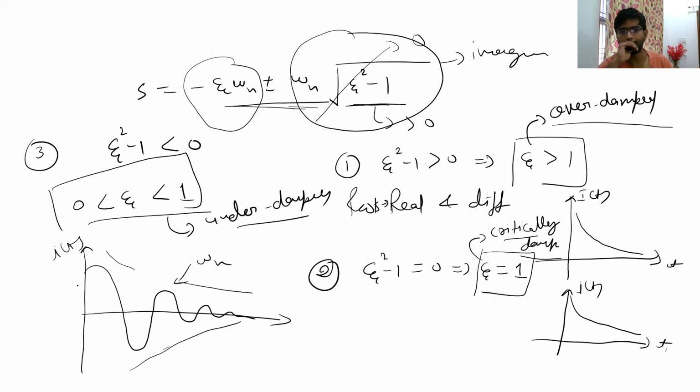To find a circuit which is resonating, which has current oscillations in it, you need to have your damping ratio between 0 and 1.